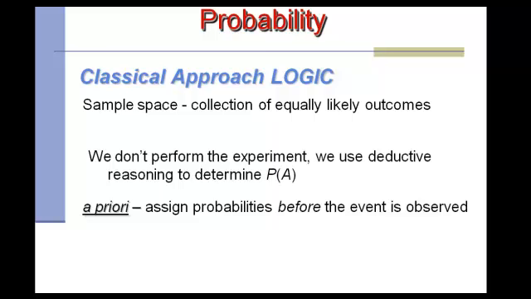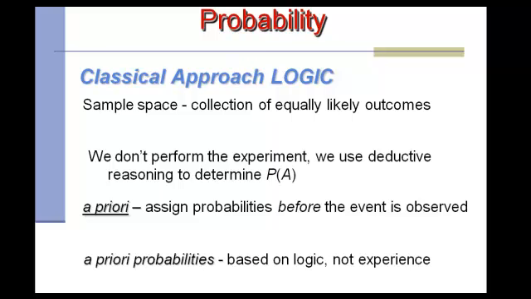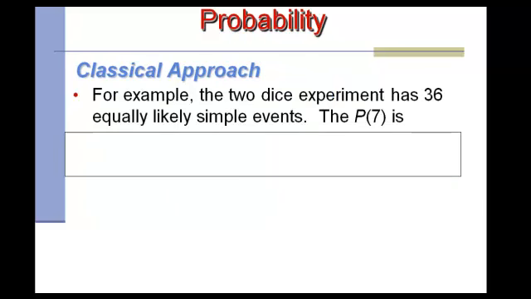And when we don't perform the experiment, what we're actually doing is a priori, we're assigning probabilities before the event is observed. So a priori probabilities, again, they're assigned before the event or before we do the experiment. They're based on logic, not experience.